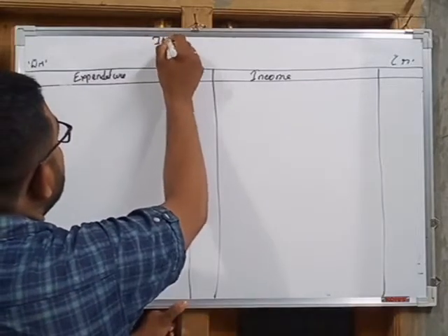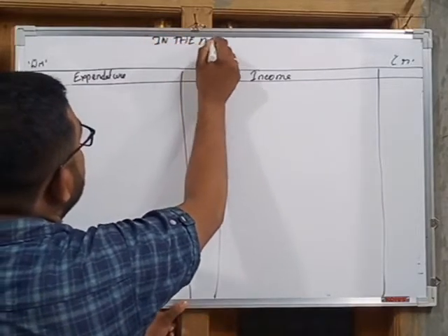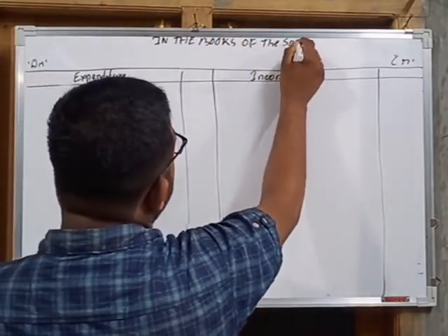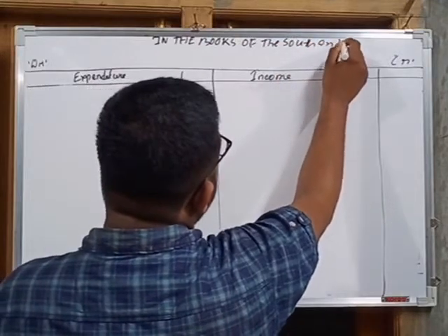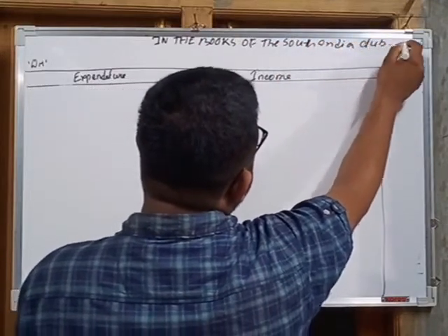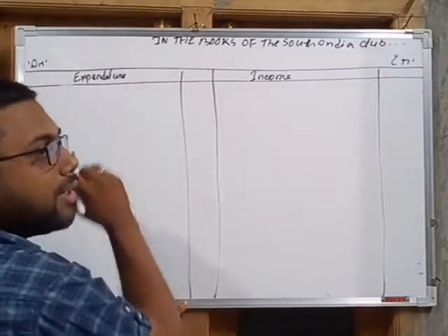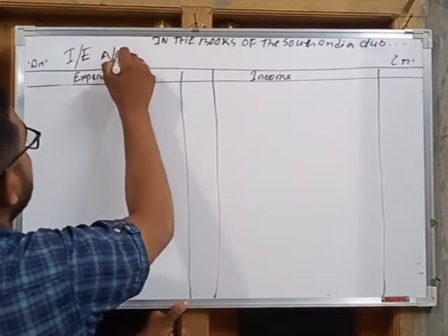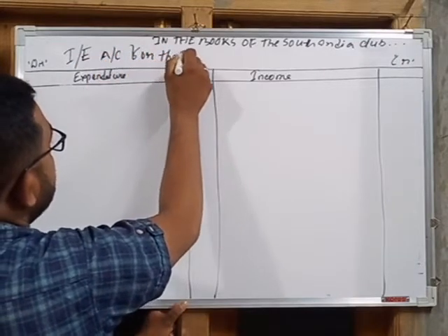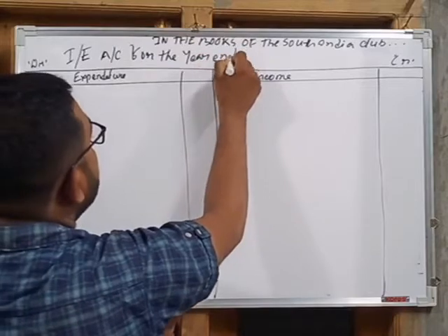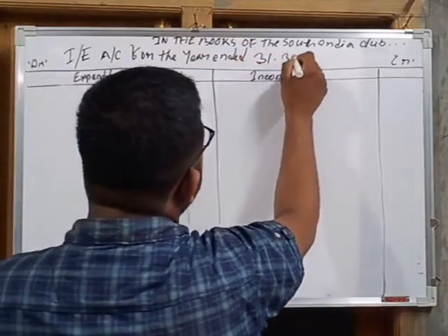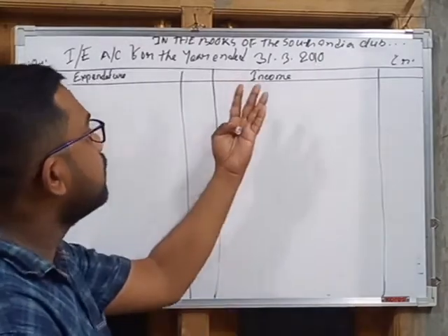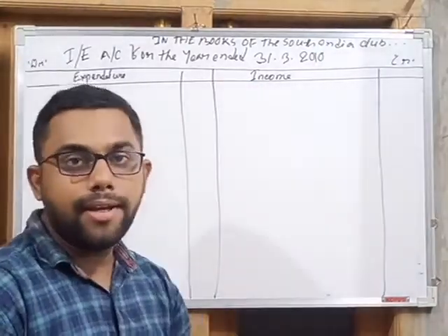In the books of the South India Club. Next, below, we write the name of the account, income and expenditure account for the year ended 31st March 2010. So this is how we have to draw the income and expenditure account.